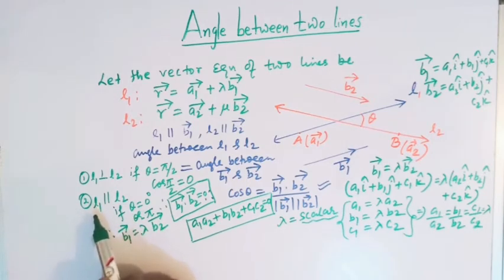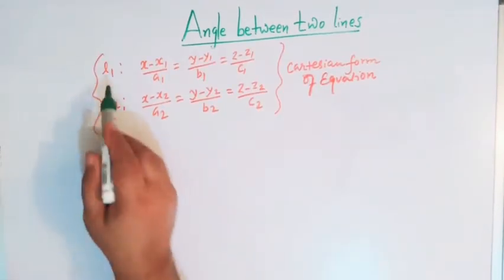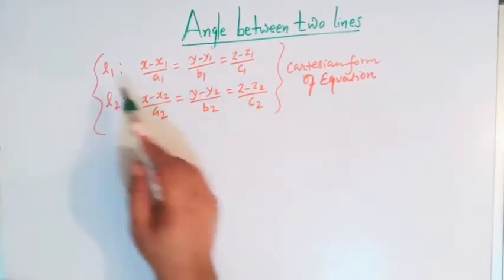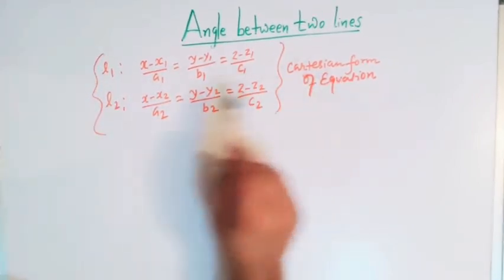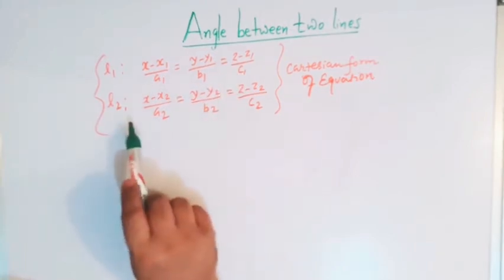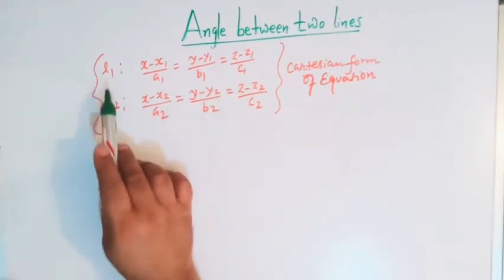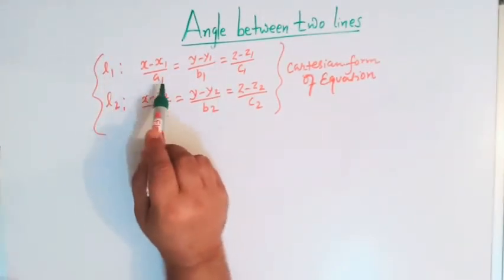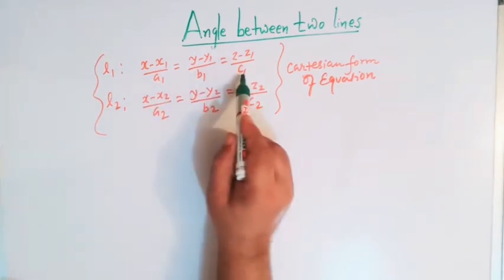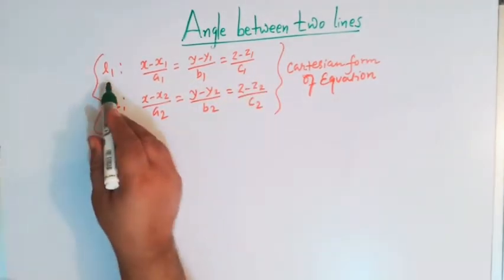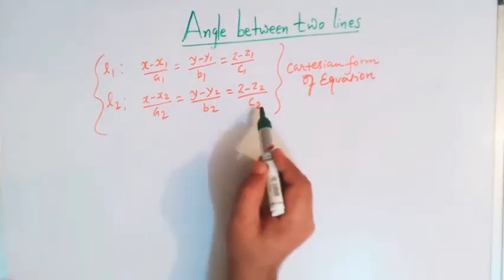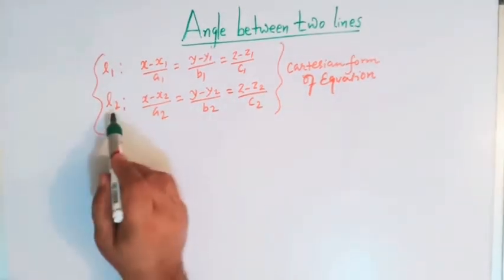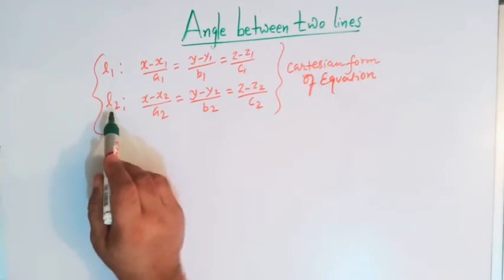Now viewers, if instead of vector equations, we have the Cartesian equation of the two lines L1 and L2, then we know that A1, B1 and C1 are the DRs of this line L1, and A2, B2, C2 are the DRs of this line L2, right?